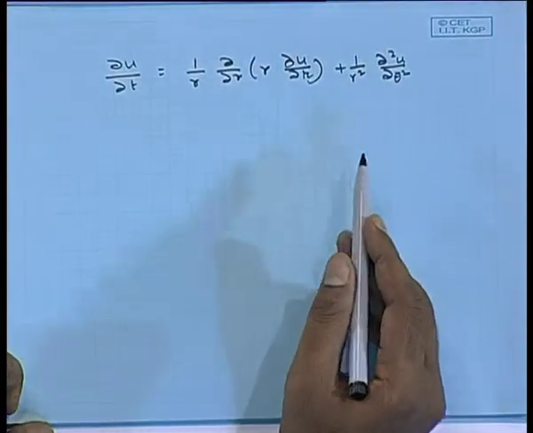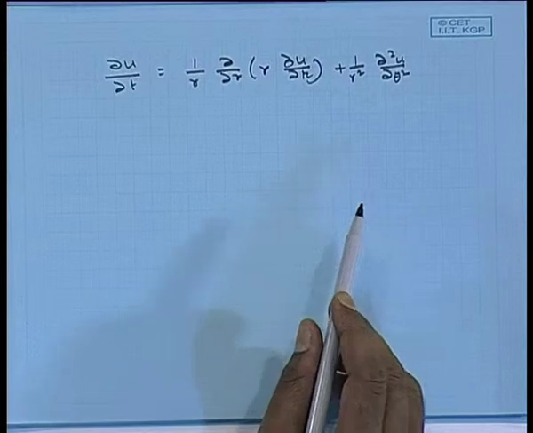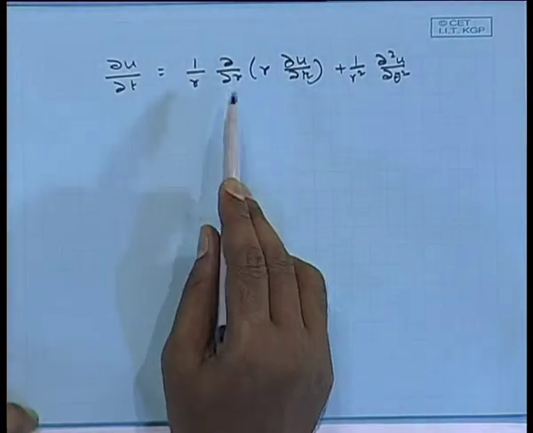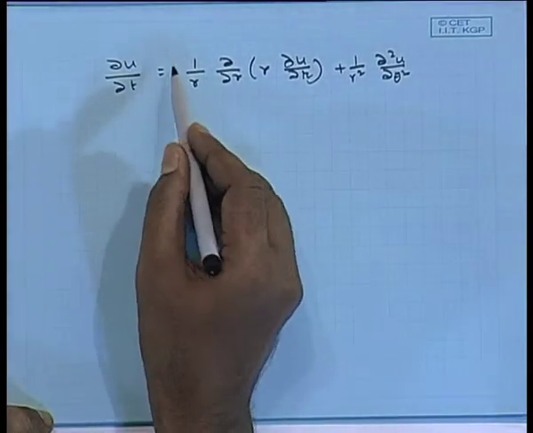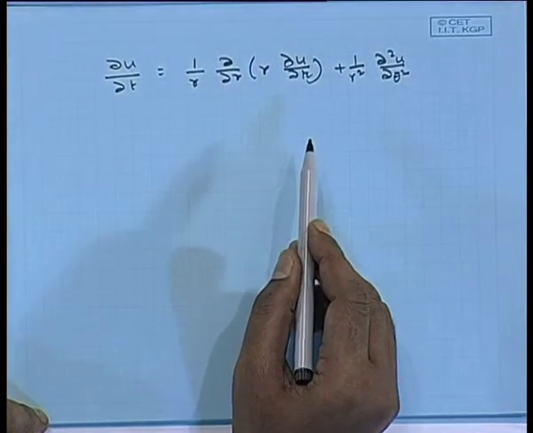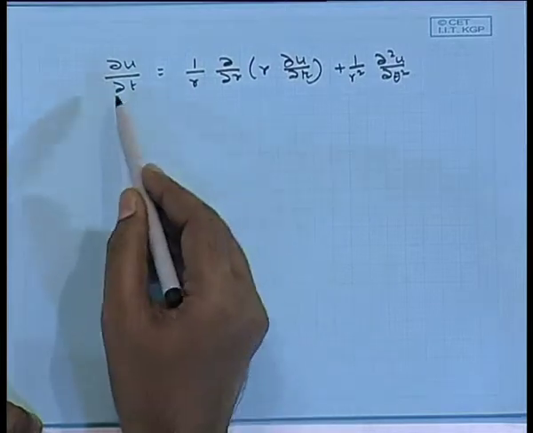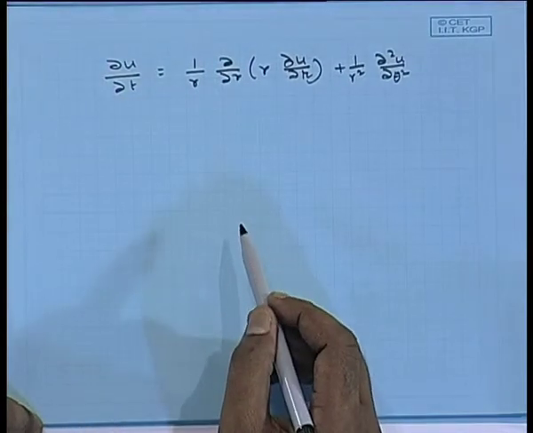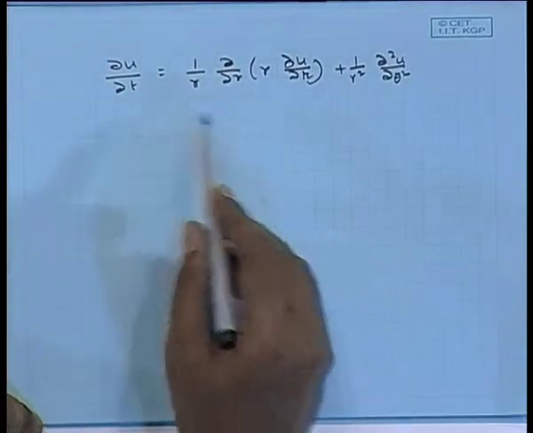Now, again I would like to emphasize that u is basically a variable defining temperature, and there will be some constant appearing here on the right hand side. There is the effective thermal diffusivity, and that will be absorbed in the time varying part, so I am not writing it in this equation.